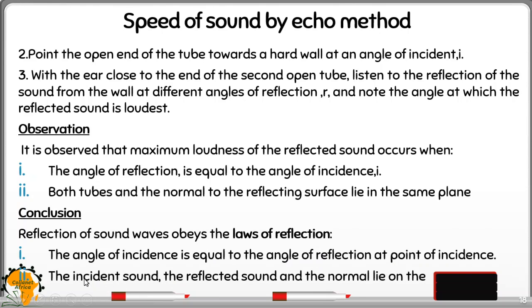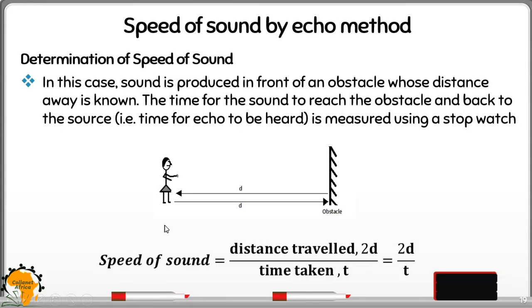Number 2, the incident sound, the reflected sound and the normal lie on the same plane. So it means that the laws of reflection that we learned in reflection of light in Form 1 also apply here in sound. We move to determination of speed of sound.